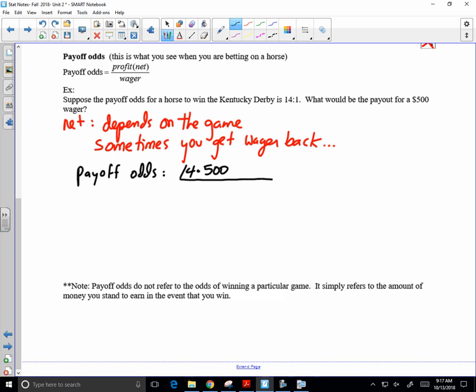But then in this case, the horse racing case, you don't get the wager back. So not this time. Little exclamation point. And then we divide by the wager itself.